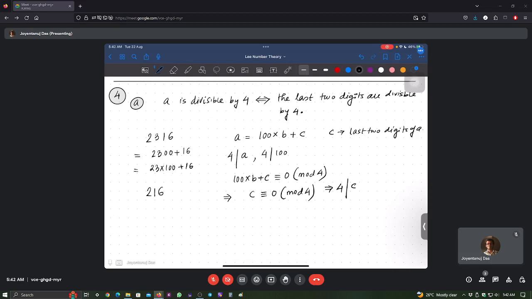When you apply mod 4 to that 100 times something, it doesn't matter which number it is, because 100 is divisible by 4, so you will eliminate that. So that will not matter. Only the last two digits will matter.